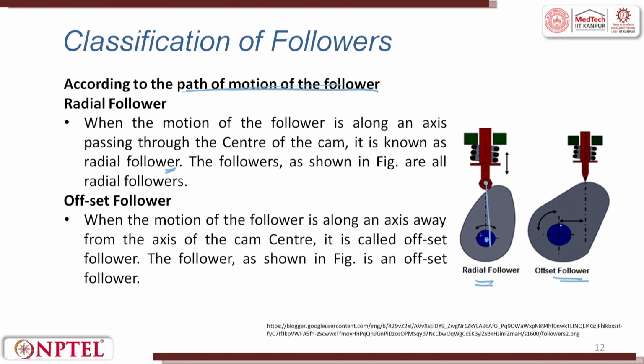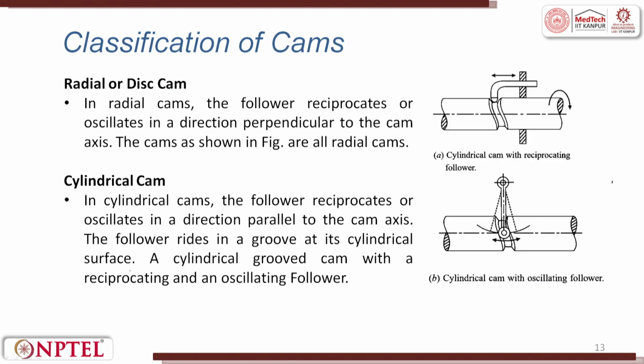Offset follower: you look at it, the cam axis is here, the follower axis is here. When the motion of the follower is along an axis away from the axis of the cam center, it is called an offset follower. The offset is shown in the figure. You can also have a radial or disc cam.